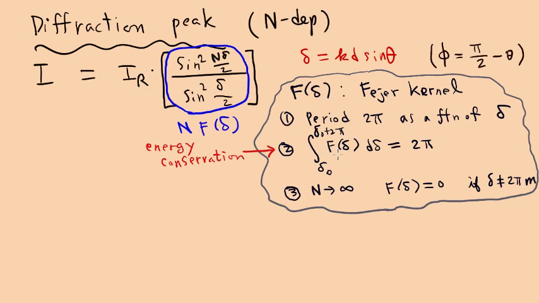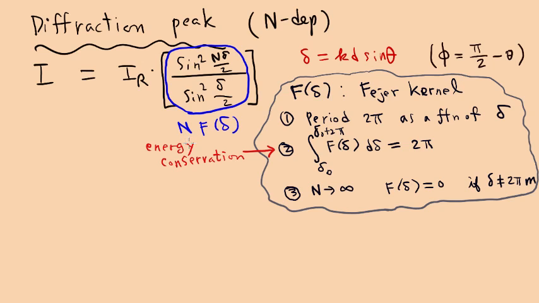And notice that if you integrate over any 2 pi interval, you get I_R times n times 2 pi. So 2 pi I_R is what you're going to get from one beam, whether there is an interference pattern or not.